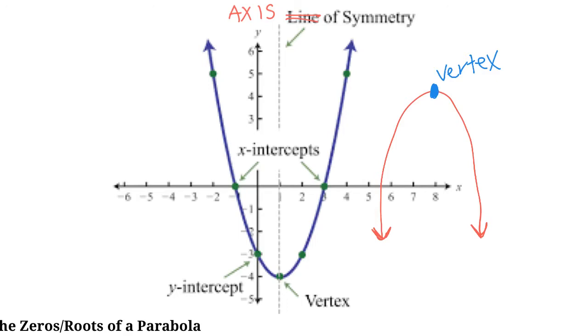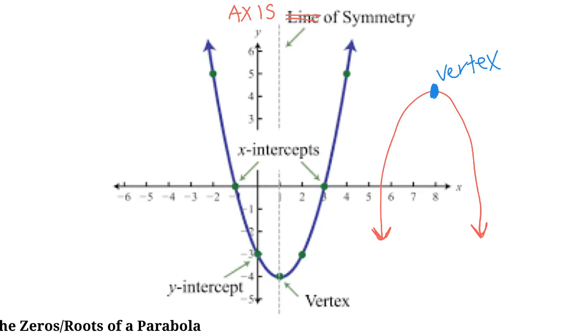So you can see the line drawn in for you here, and it cuts right down the middle, splitting your parabola into two equal halves. And you should also take note that the line or axis of symmetry also crosses through your vertex point. So that's how you also know that you are cutting it right down the middle. It should be going through your vertex point.